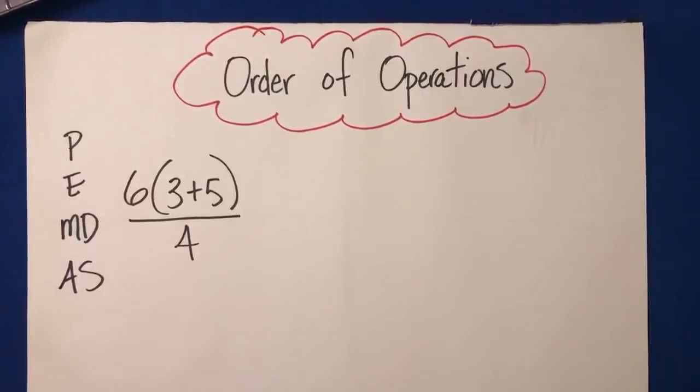So let's just see who's here with me. I think I see DJ. Let me see if I can find, I'm just waiting for it to show up on my screen. Hi, everybody. We're going to solve 3 problems together using the PEMDAS method.